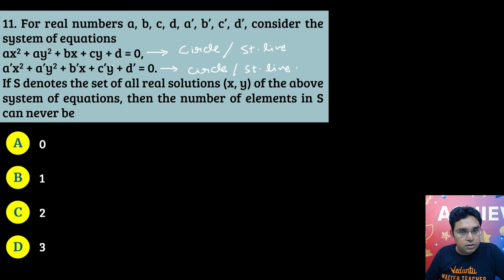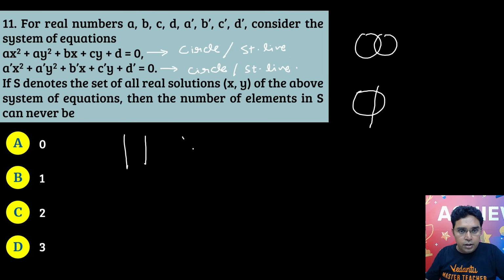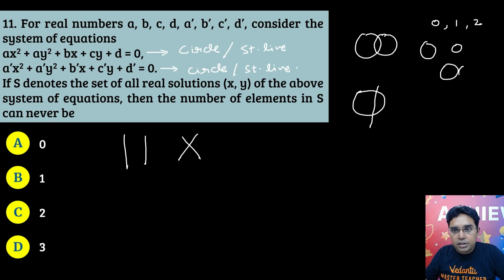But in all scenarios you can see, if I draw two circles, or one circle and one straight line, or two straight lines, the number of solutions could be 0, 1 or 2. Two circles could be away from each other, or touching each other, so 0, 1 or 2.